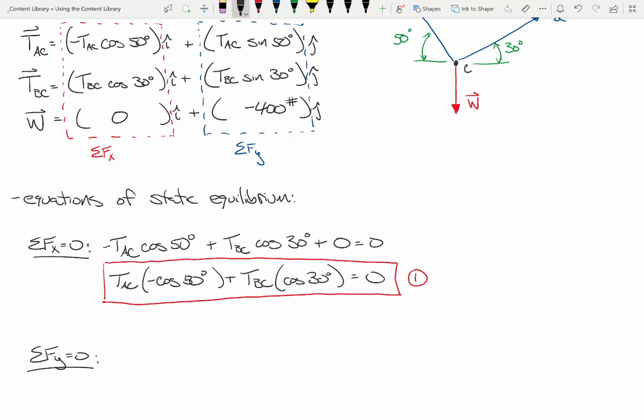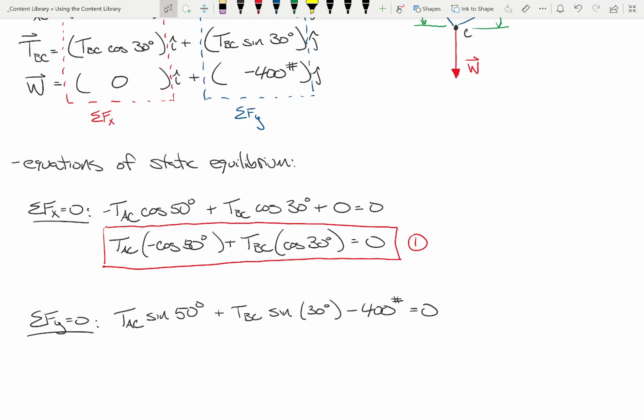Okay. So, all right. So let's do that full column. So TAC sine 50 degrees plus TBC sine 30 degrees minus 400 pounds equals 0. Now, here's what I'm going to do. I'm going to do the same thing I put up here, put all my terms outside the variables in parentheses, but I'm going to also move any constants over to the other side of the equation.